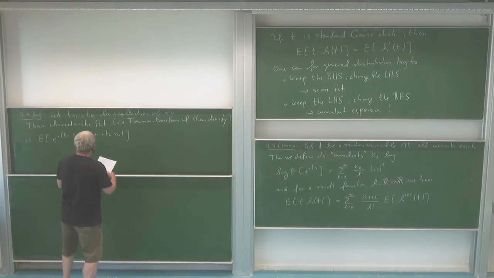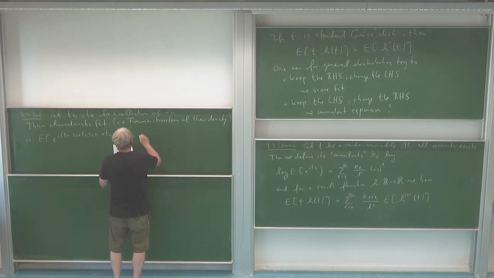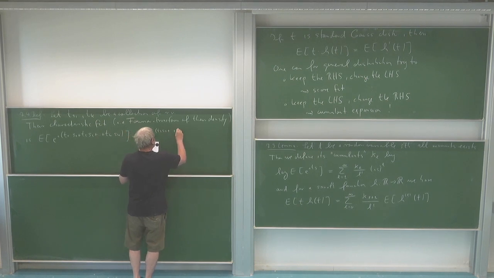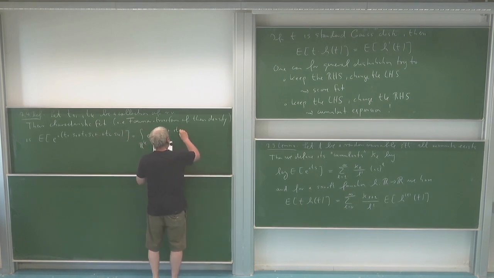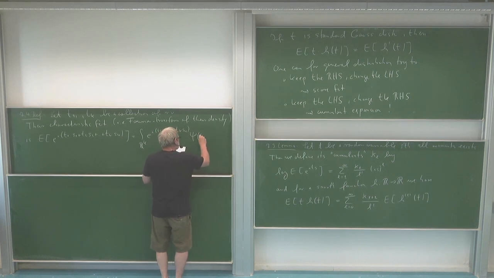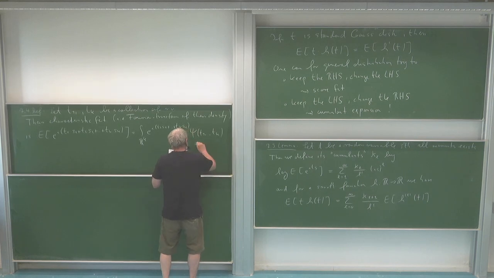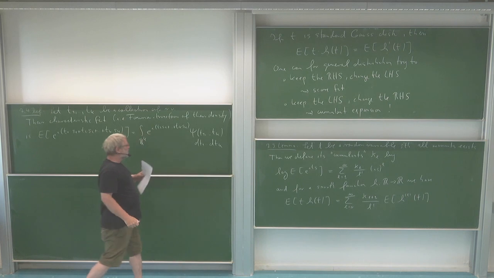Okay, so I take this expectation over the t's. Maybe if I write it explicitly, this is the integral over R^k, if I have a density, of e to the i (t1 s1 plus ... tk sk) multiplied with the probability density distribution of the t's, dt1 up to dtk.